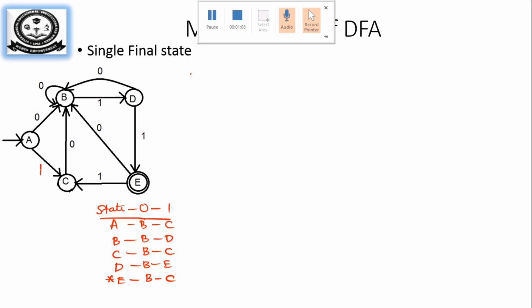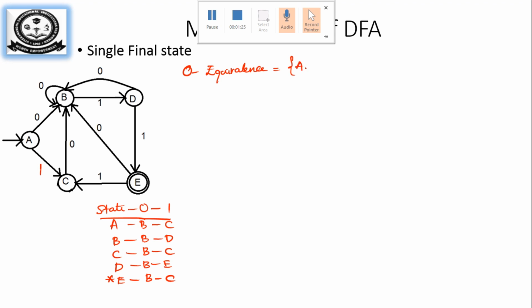So the first step is to calculate the zero equivalence. How do you form the zero equivalence set? You form all the non-final states in one set and the final states in another set. So let us write the non-final states.